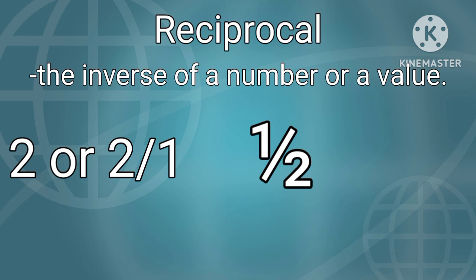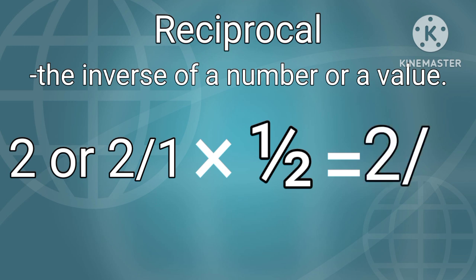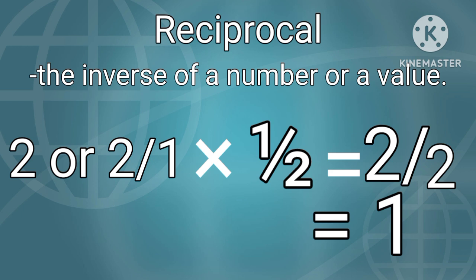Now if we multiply 2 and 1 over 2, the answer will be equal to 1. Basically, 2 times 1 is equal to 2, and 1 times 2 is equal to 2, so it becomes 2 over 2. If we divide those two, that will be equal to 1.